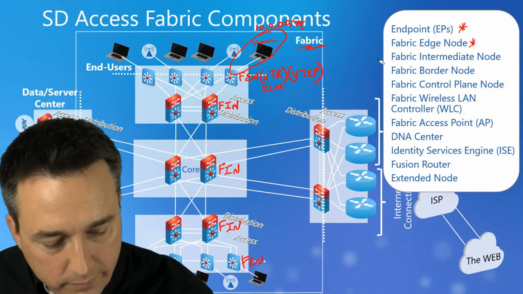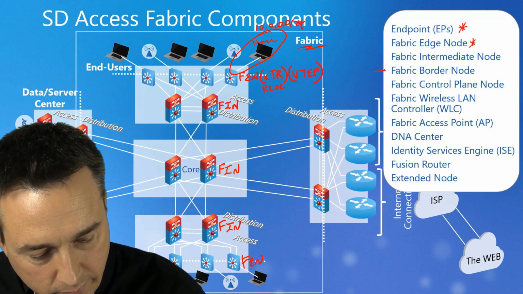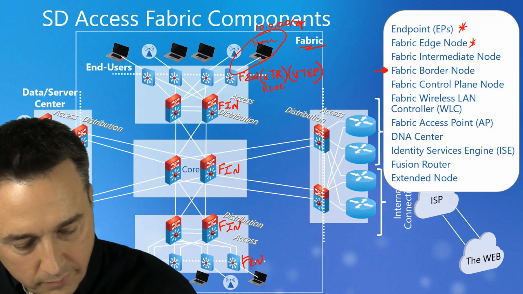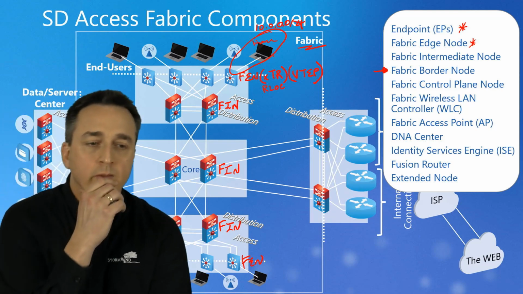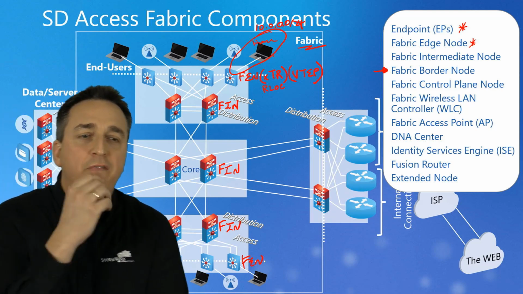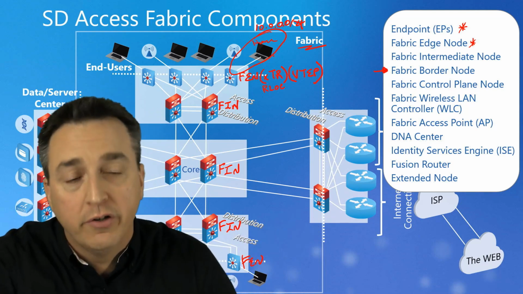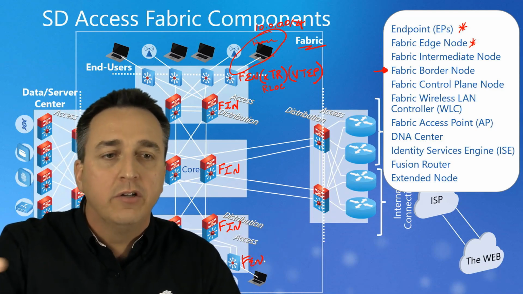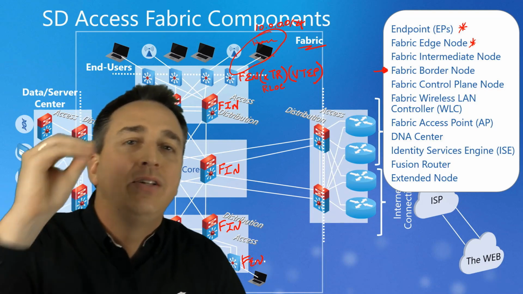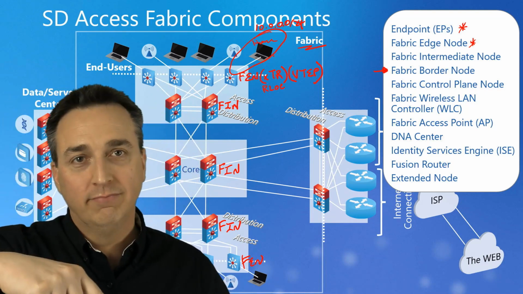Fabric border node. A Fabric border node is, again, part of your underlay. Obviously, all of these devices are part of our underlay, but it is participating in the overlay as well.